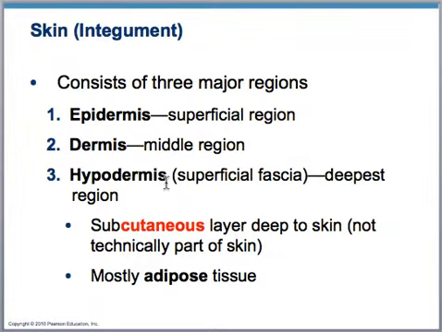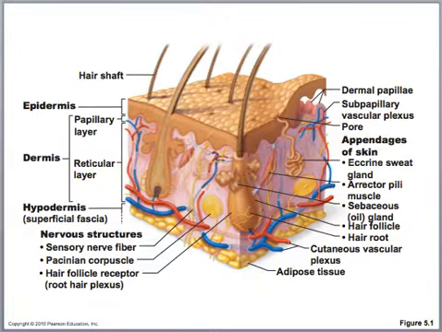And we have what we call the hypodermis, which is the deepest region, or lowest down from the surface. This is also what we call our subcutaneous layer. And remember that cutaneous membrane means skin. So subcutaneous means below. And this is composed of mostly adipose tissue, which you know from last unit is our fat cells.